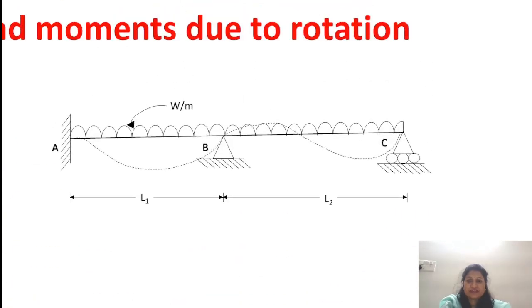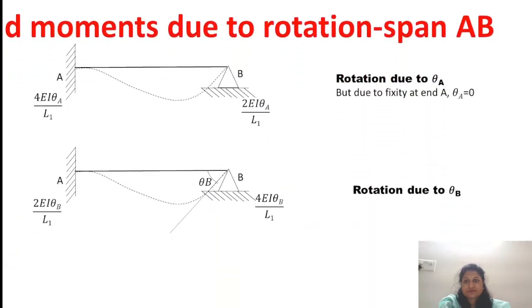Due to fixity, theta A is 0 at this point, and a sagging moment is generated like this. At point B and point C, due to the UDL, it goes in an upward direction and then comes in a downward direction. So this is the bending action of the beam due to the UDL loading.